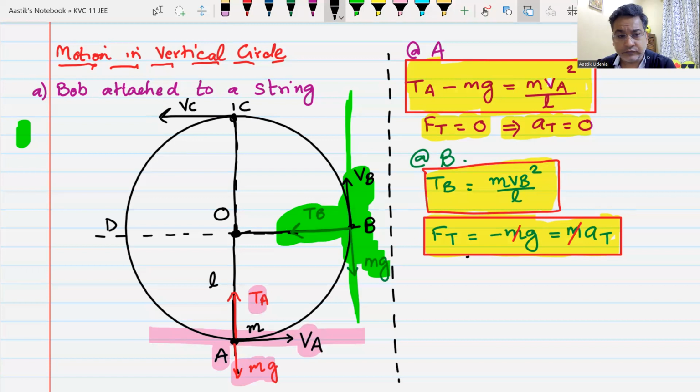Tension force, gravitational force, any other force? Okay, normal force, yes. Tension, gravitation, and another force.